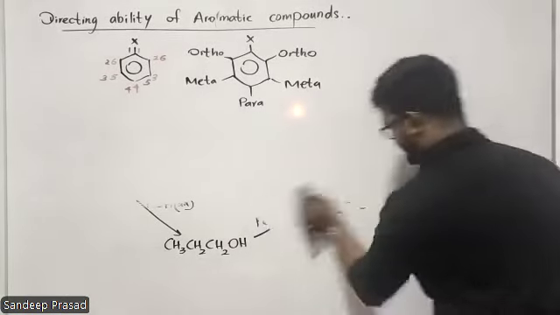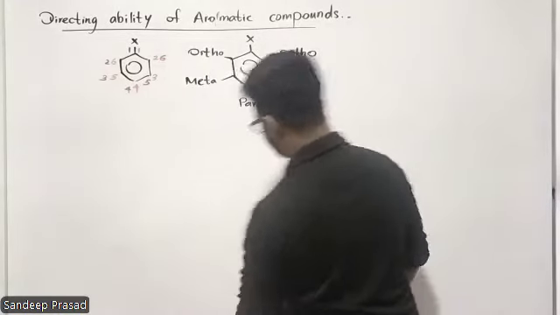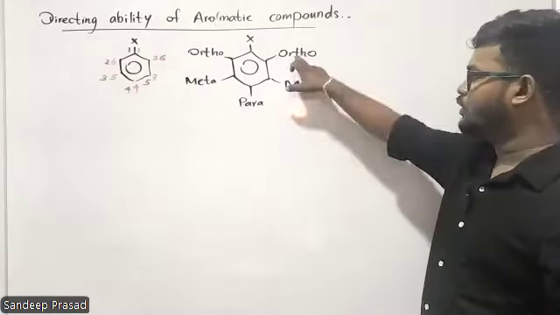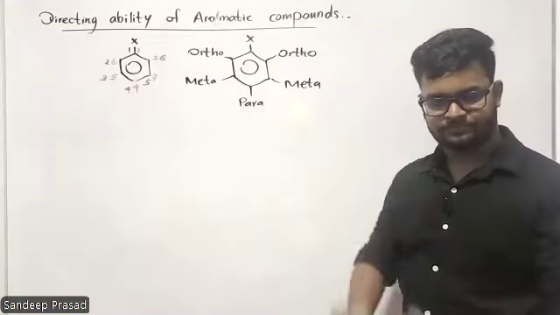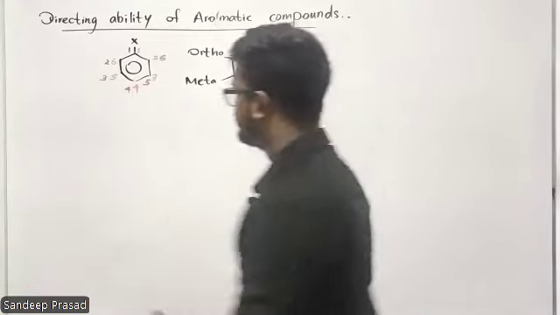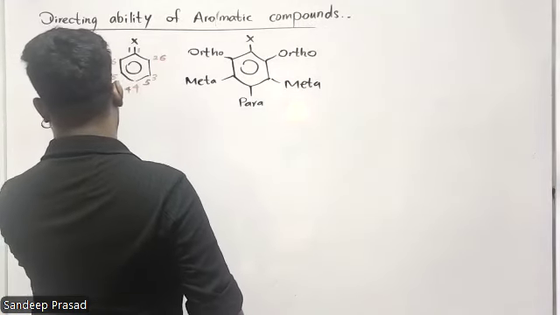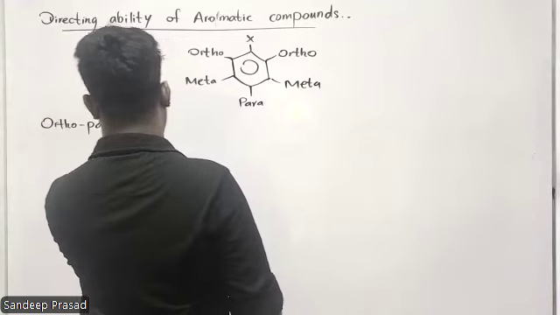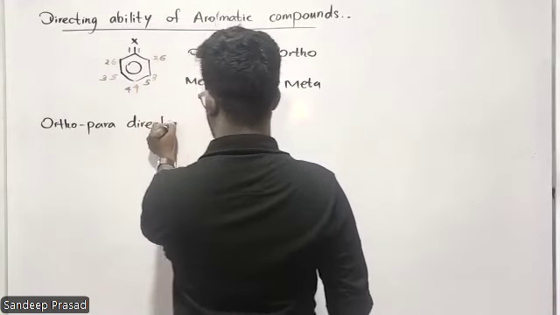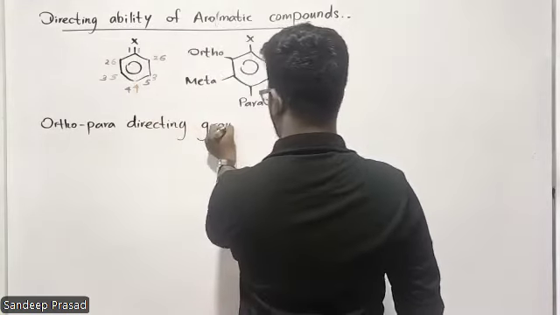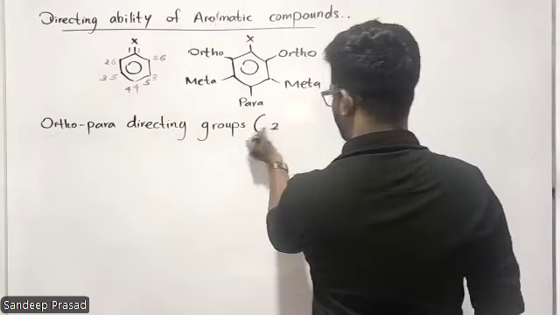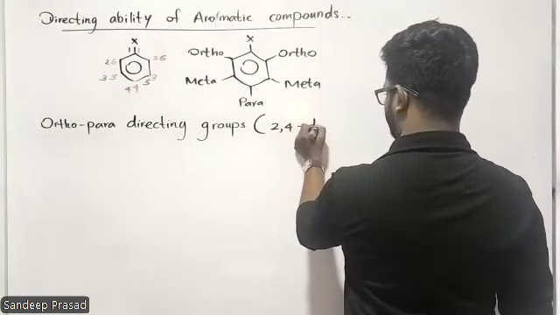So our first topic is ortho-para directing groups. Actually, we are discussing ortho and para positions together. I'll tell you the reason behind that. So our subtopic is ortho-para directing groups, or else we can say 2, 4 directing groups.